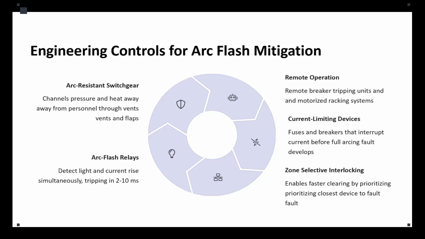So this is reducing that T arc that we saw in the formulas that we went over. We could have arc flash relays, which are ultra fast sensors and relays that detect the formation of an arc and trip the upstream breakers before traditional protection relays work. So this is also a very good control strategy and design strategy for arc flash mitigation.